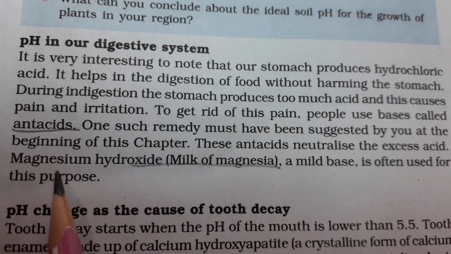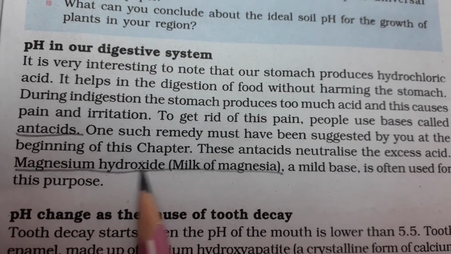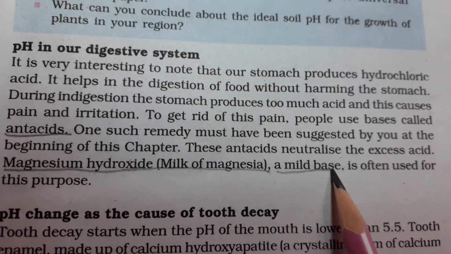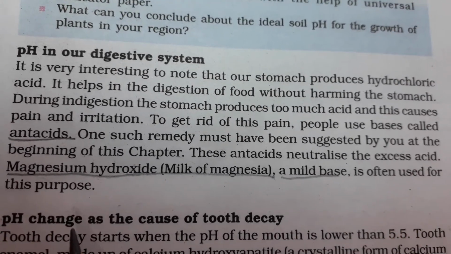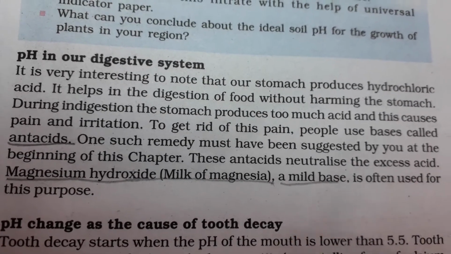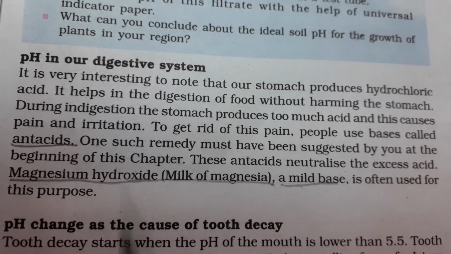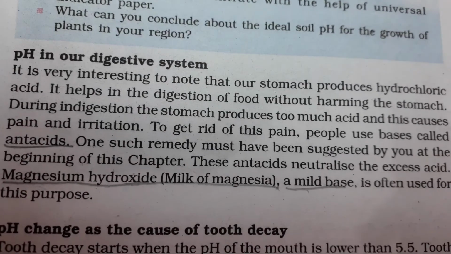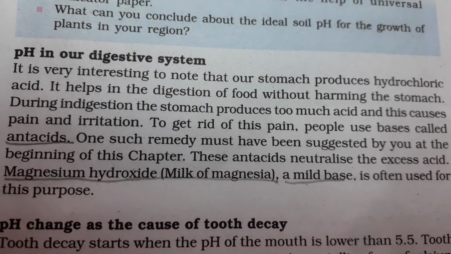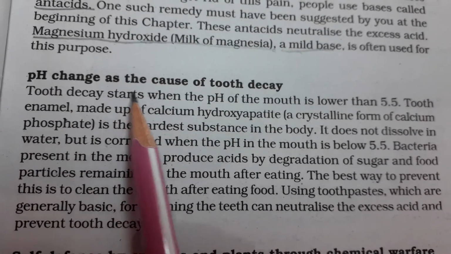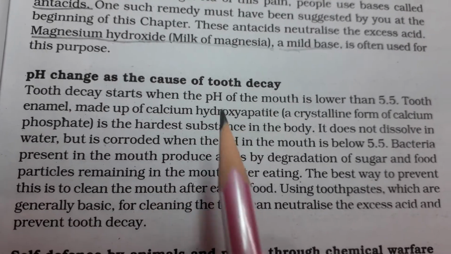Magnesium hydroxide is called milk of magnesia, and it is a mild base and is often taken as an antacid. So as an antacid we use mild bases to neutralize the excess of acid present in our stomach. Now, pH change as the cause of tooth decay.